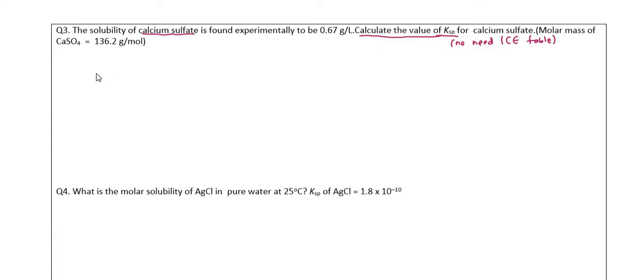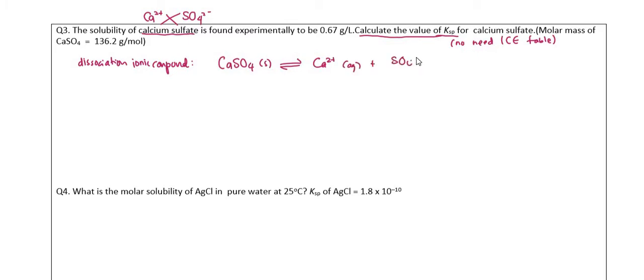So you have to start with the equation, the dissociation of the ionic compound, which is calcium sulfate: calcium Ca2+, sulfate SO4 2-. Cross the charges and you will get the formula of the ionic compound.